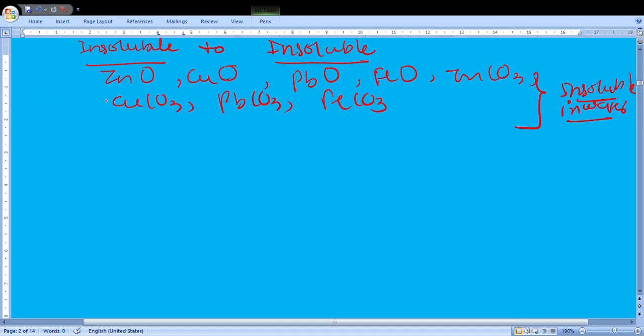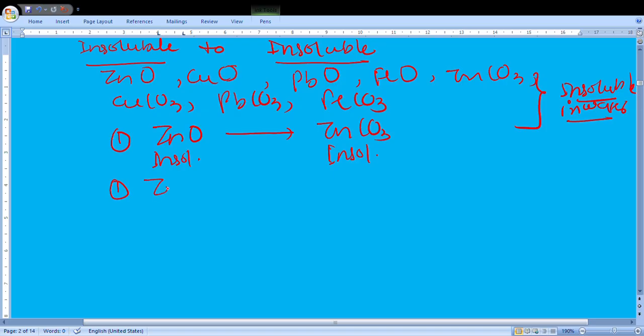So first of all, we need to convert them to a soluble state. How can you convert? First, we need to prepare ZnO to ZnCO3. ZnO is insoluble, ZnCO3 is insoluble. These all are two-step reactions, because we need to dissolve ZnO first.